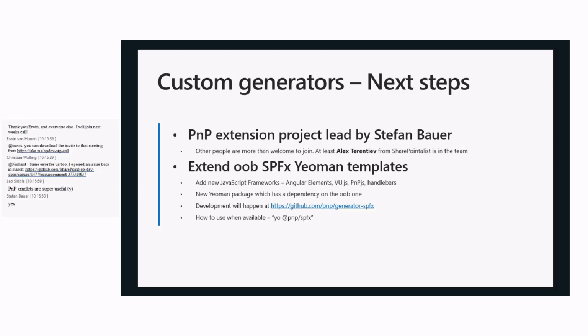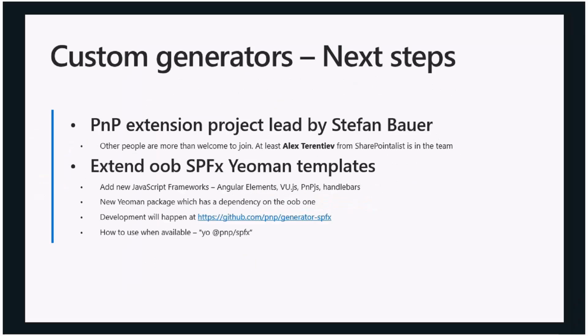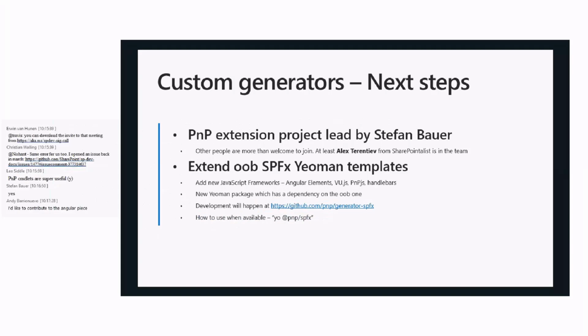Right now, we're still kind of in the ready to crawl phase and start actually building this. But pretty soon you can see some action and initial versions available in the generator SPFx repo in the PnP organization.